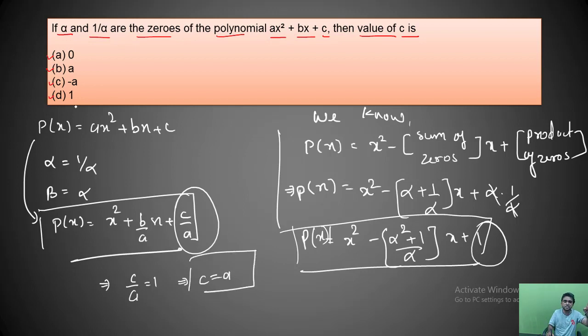C is equal to a, which is option B, the correct answer, right? I can mark it as answer, option B. I hope these points are clear. It should not take more time when you are solving an MCQ. But once you know the trick, once you know the formula, once you know how to solve it, it ultimately becomes easy, right? So this is how we solve it.